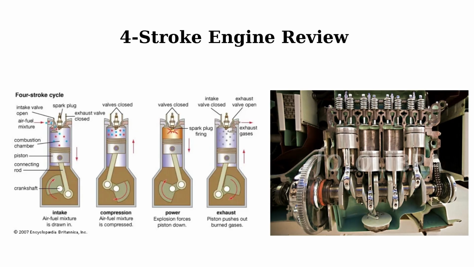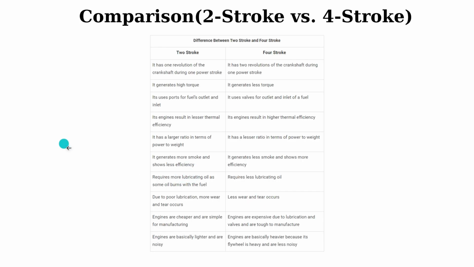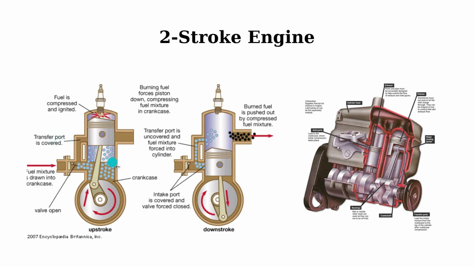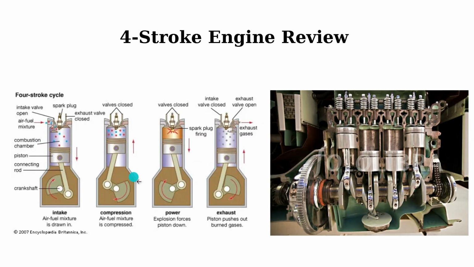One important difference between a four-stroke engine and a two-stroke engine is that the four-stroke engine produces power once every two cycles of piston movements. Because of this, it works in a more controlled and efficient way.